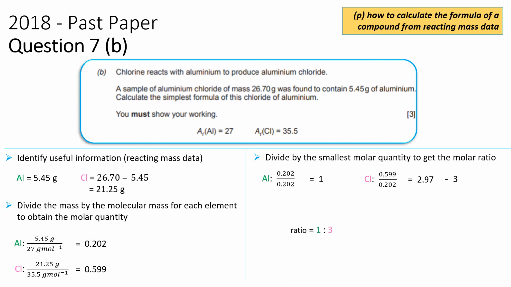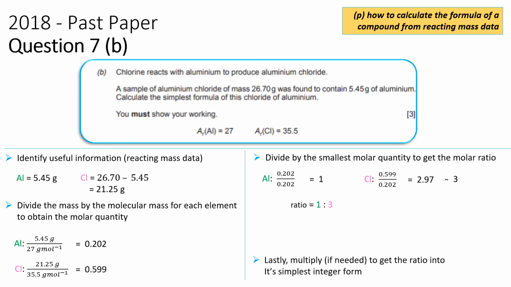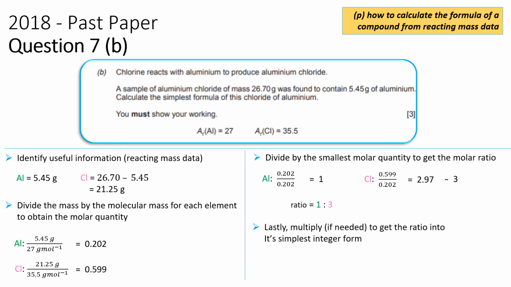So this gives you the molar ratio of 1 to 3, aluminium to chlorine. And you don't need to multiply it because it's already in its simplest integer form, AlCl3. And that is how you calculate empirical formula.